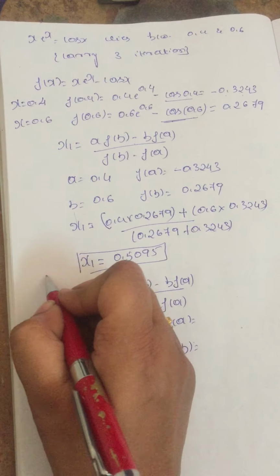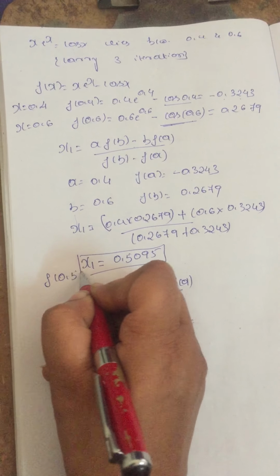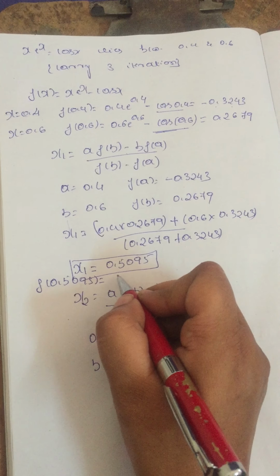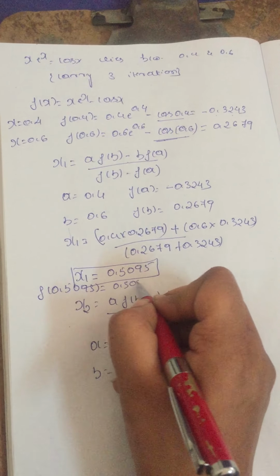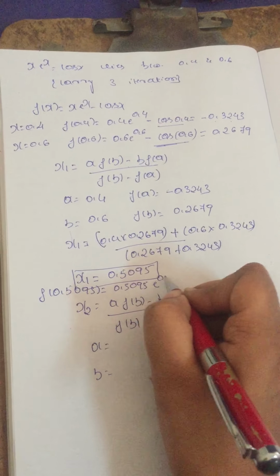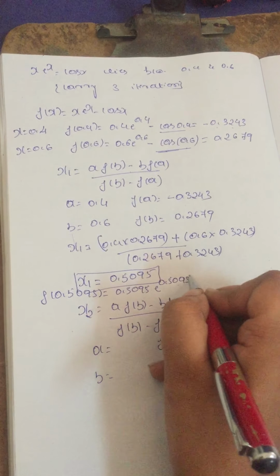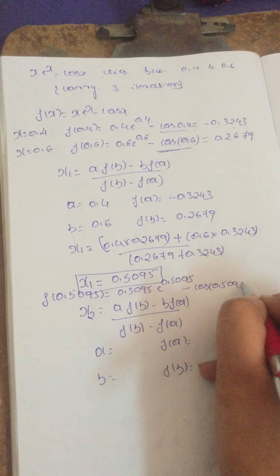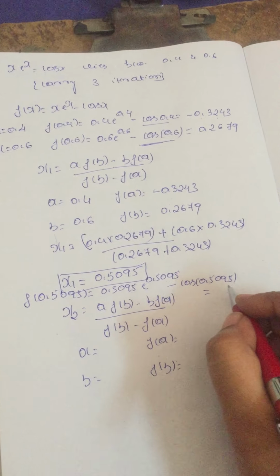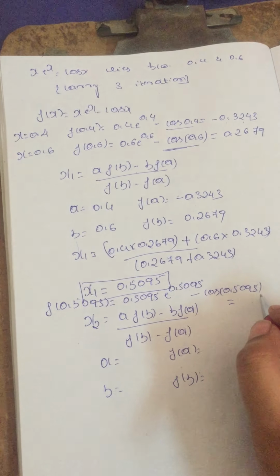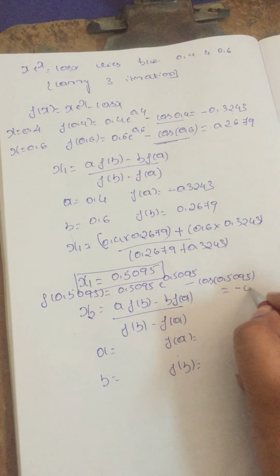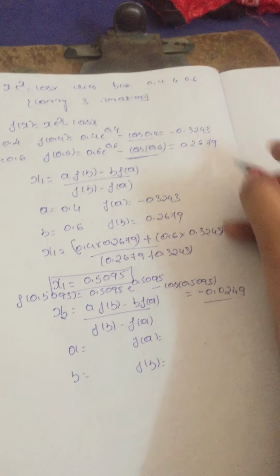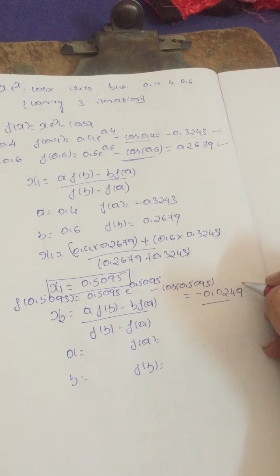So again we have to find f of 0.5095. f of 0.5095 is 0.5095 into e power of 0.5095 minus cos of 0.5095, which is equal to minus 0.0249. So totally 3 values, 1, 2 and 3.